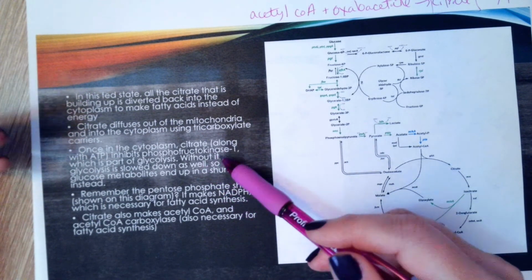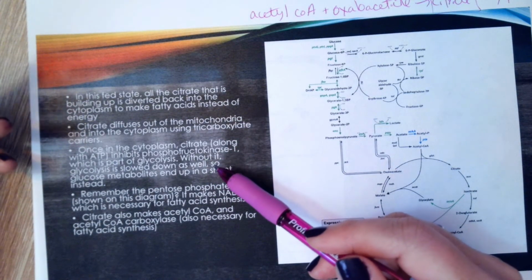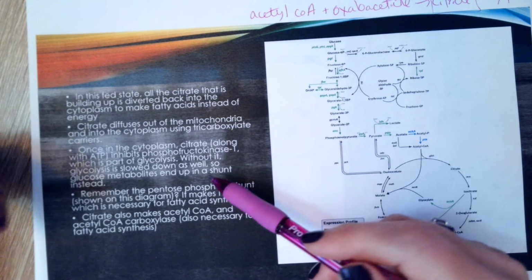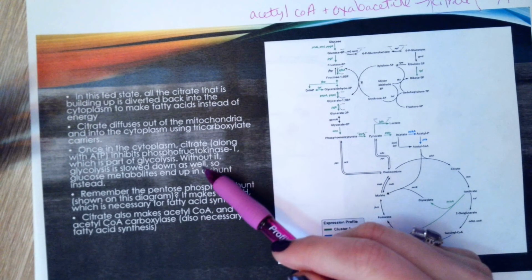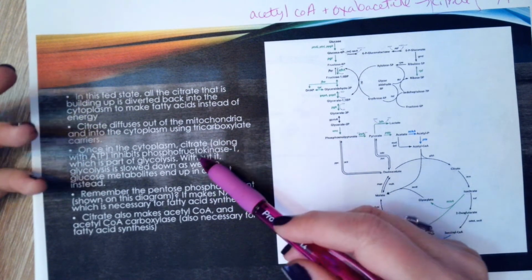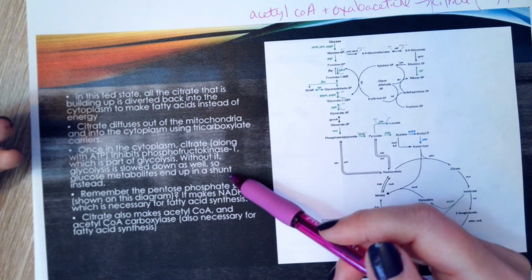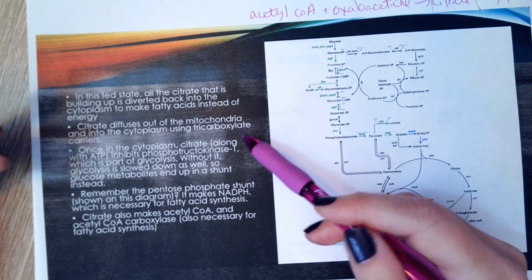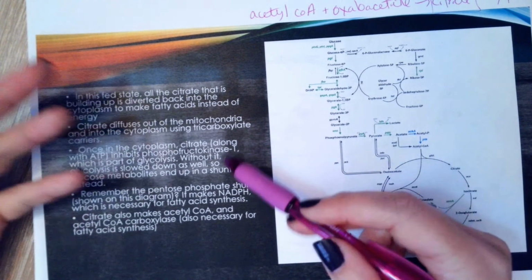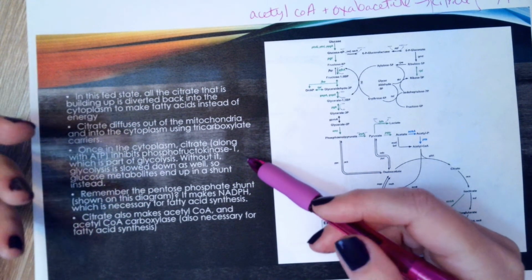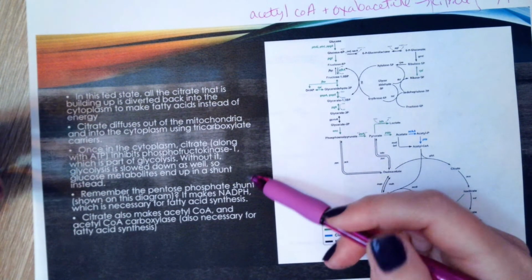So that's even further preventing the glucose from going through glycolysis and producing more pyruvate, more acetyl-CoA, etc. Now this takes a bit of ATP, so that ATP we can use, not as energy, but to create fatty acids.